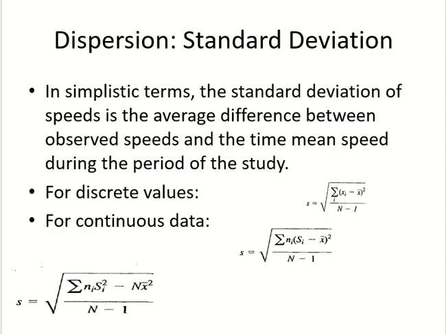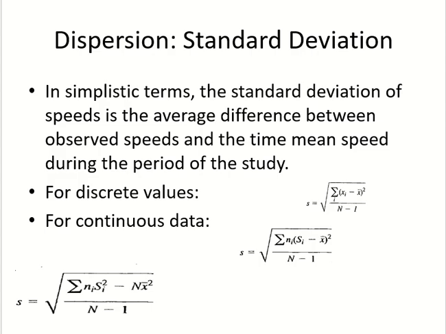No groups, no frequency. We will use it in some other cases. But for frequency distribution data, we use this. This is the equation for standard deviation when you have frequency distribution data, the data which we have.